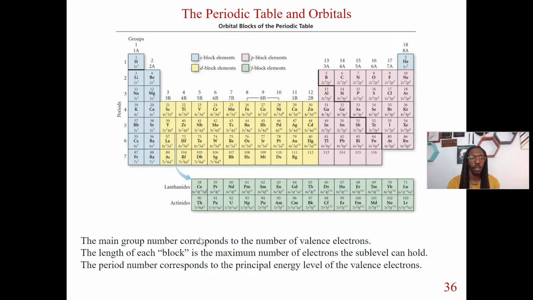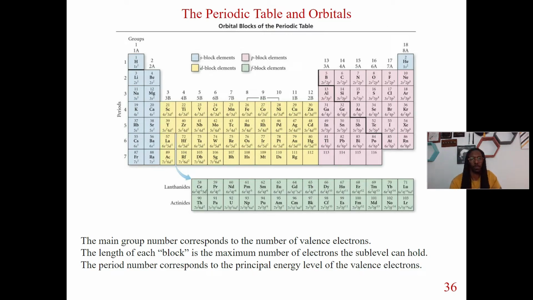The length of each block is the maximal number of electrons the sublevel can hold. So if we look at the length of the block, for example, the S block, 1, 2, there are two columns. S's can only hold two electrons.